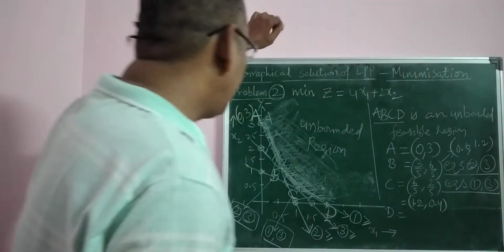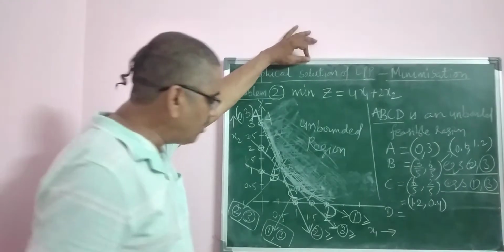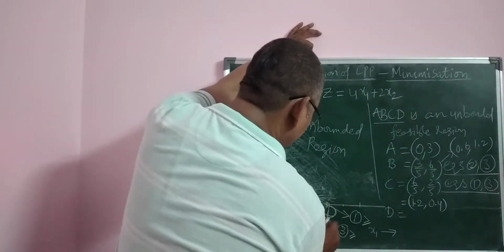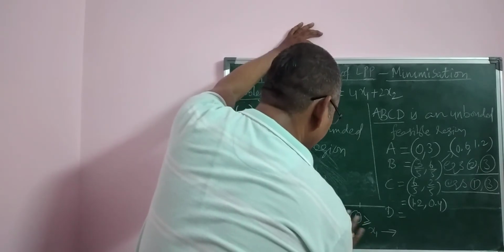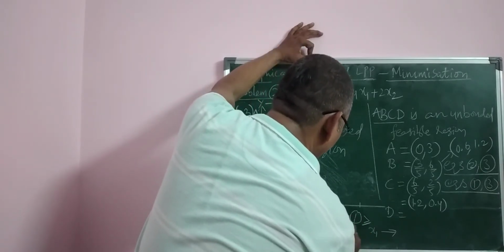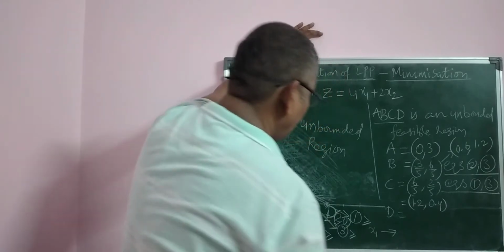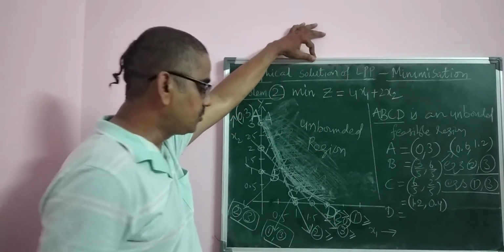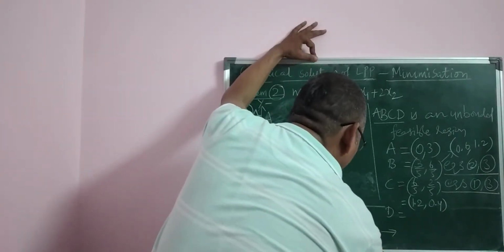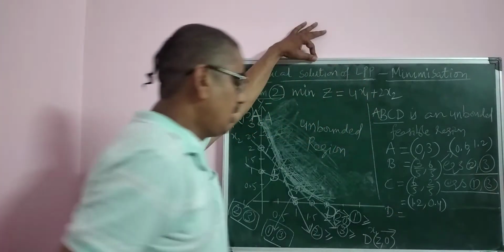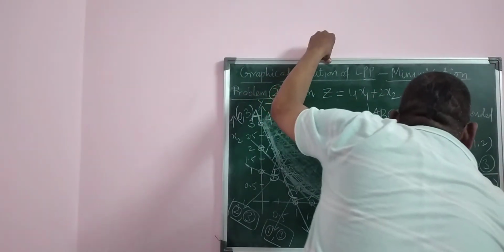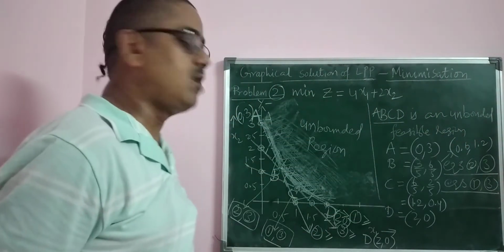And finally D, the value of D is 2, 0. I am writing D is equal to 2, 0.